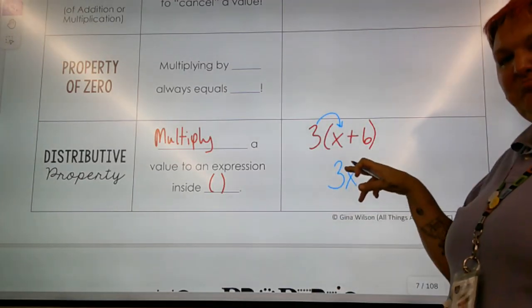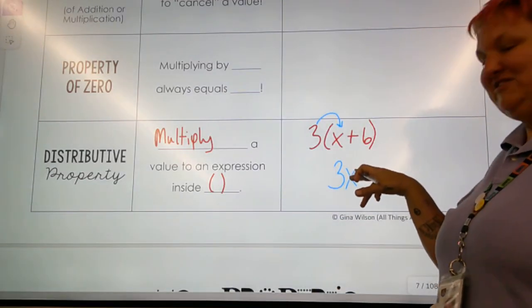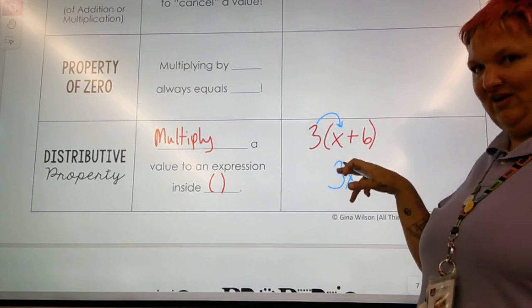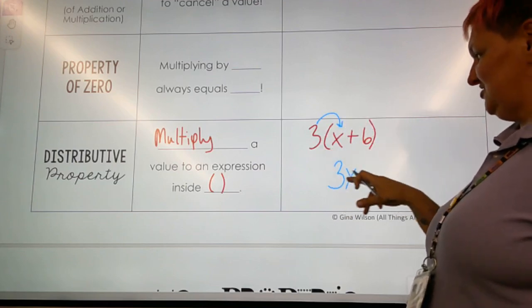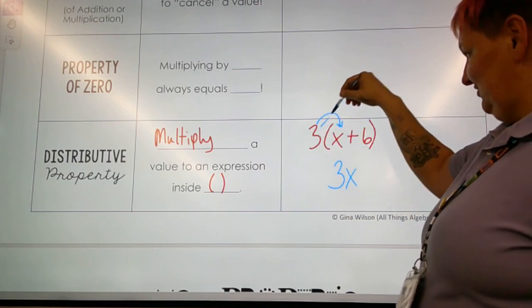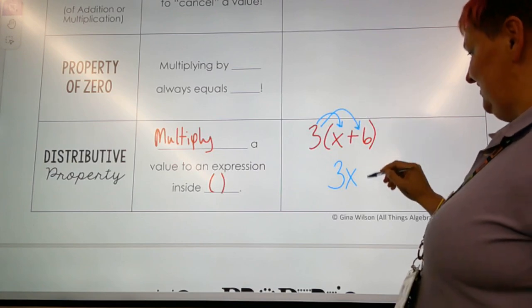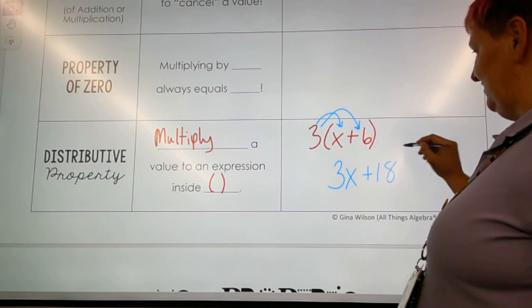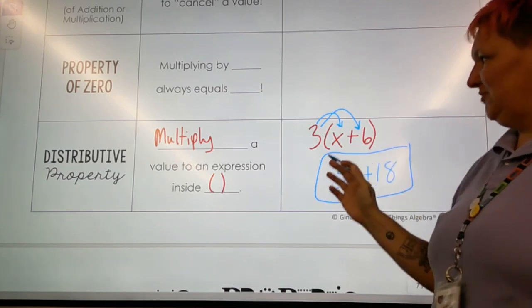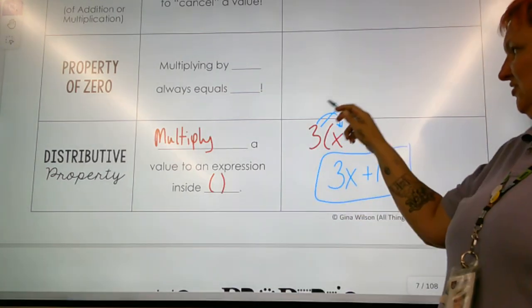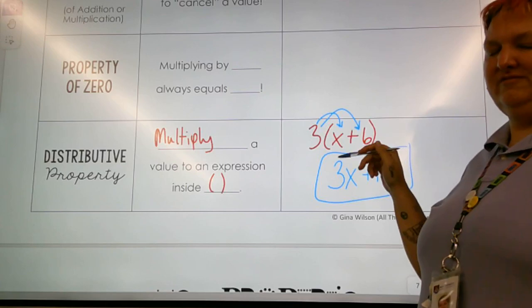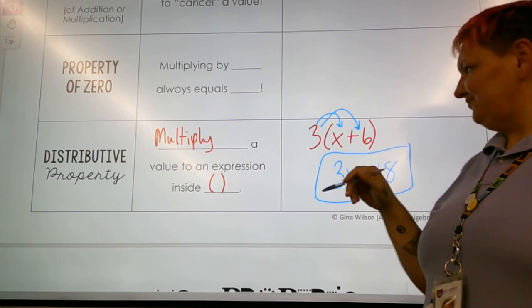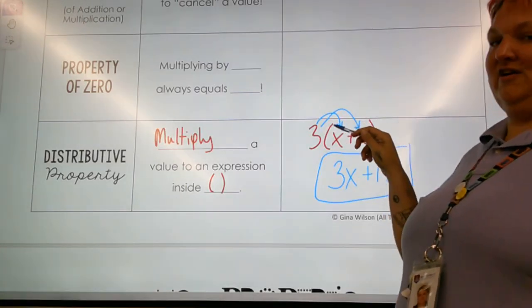There's an implied multiplication. There's an invisible multiplication sign in between the 3 and the x. So 3 times x is just 3x, and then 3 times 6 is just 18. So we use distributive property to distribute something inside the parentheses when we can't do the other stuff inside the parentheses. Mostly because there's a variable in the way.